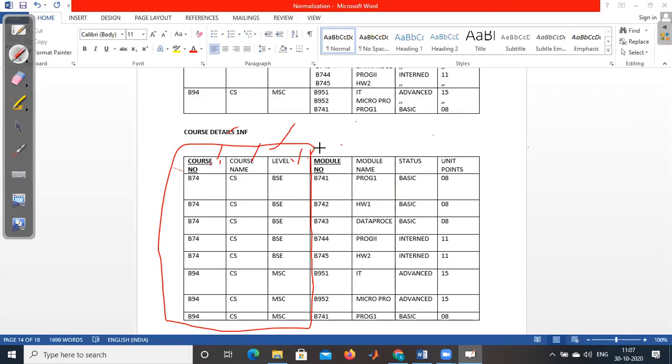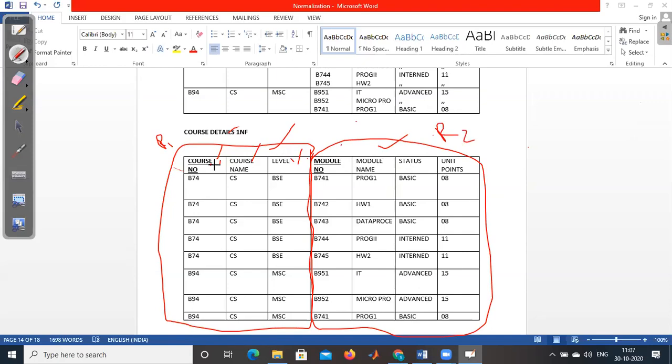Okay, students, this is the relation R1. Next table we are going to decompose into another table. This is the relation R2.